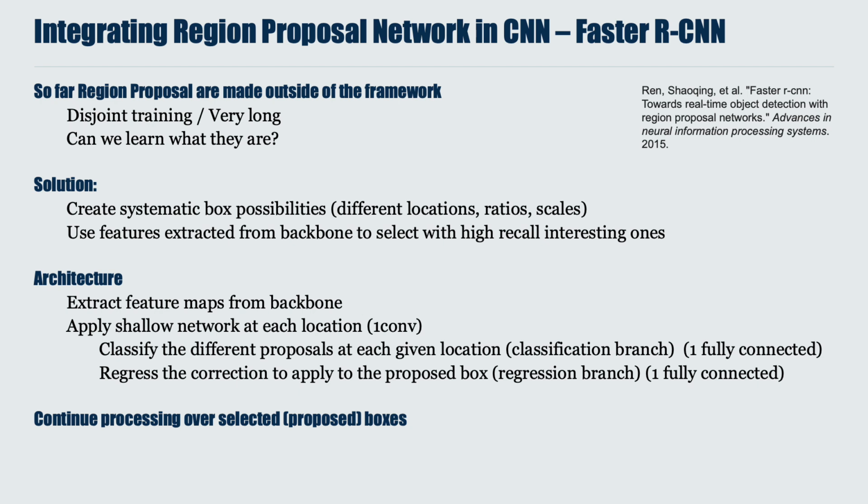Usually just one single fully connected layer. And then once you have your proposal, you go to a next step where you can continue processing over the boxes that you have selected or proposed to the initial network.